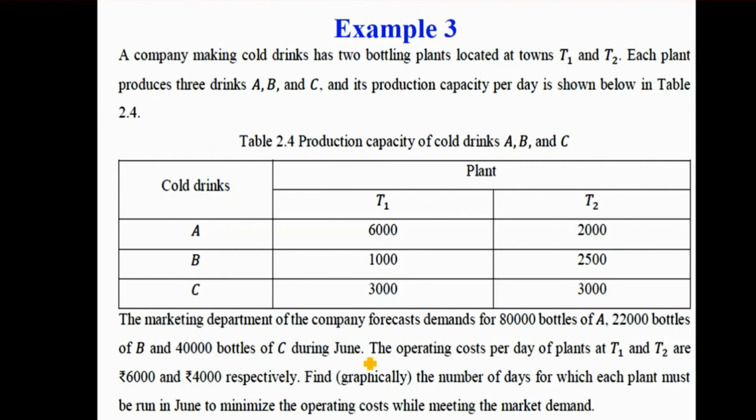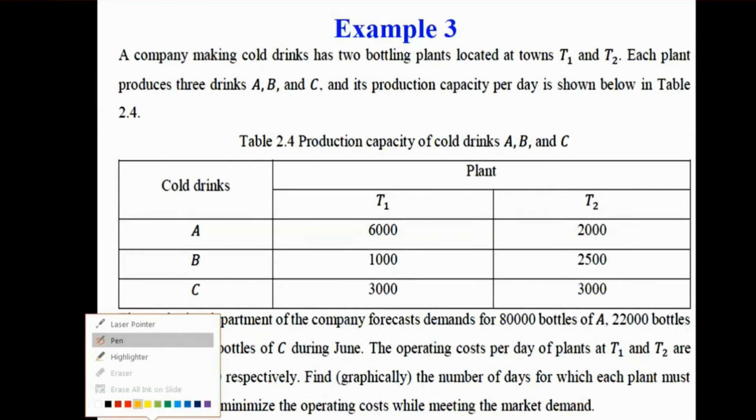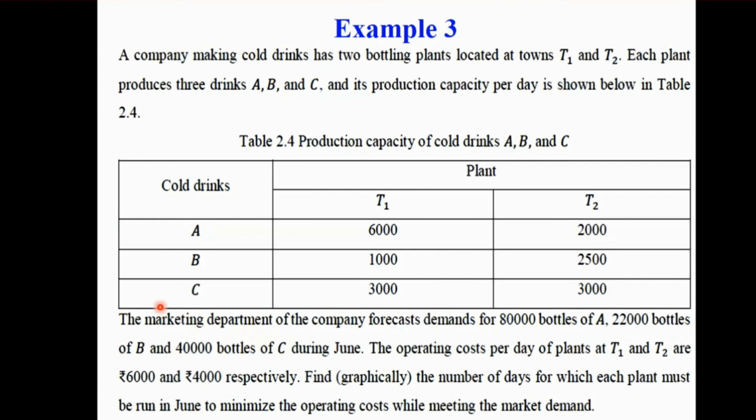So this is the given problem. From the physical problem, we have to convert it into a mathematical model, that I am not going to discuss right now, because already we have discussed. You can refer to my previous lecture, there it is available. So I will just discuss how to make the convex region, what are the different solutions, and out of that how to find the best solution.